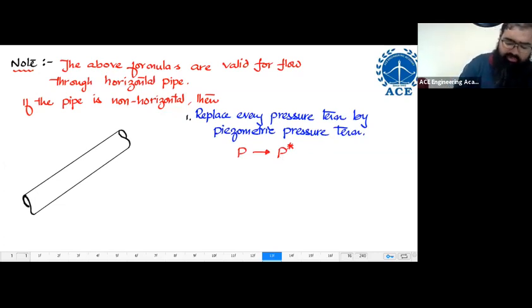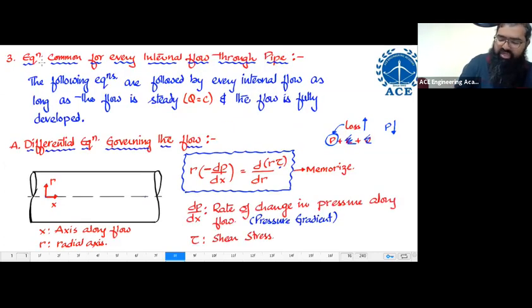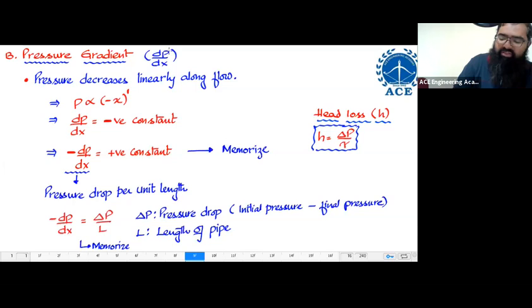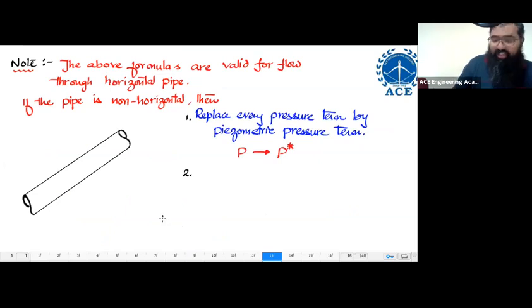Second thing, generally people have this doubt. They'll say, okay sir, I'll do this, but what about the x-axis? Because we are having dP star by dx. Now the pressure gradient is going to become dP star by dx. Now the question is, what is x? Is it the x-axis?